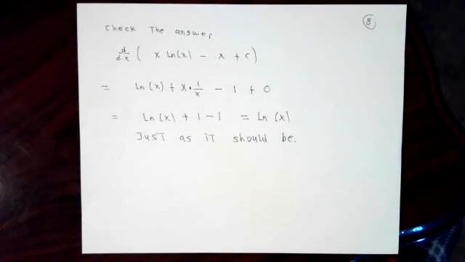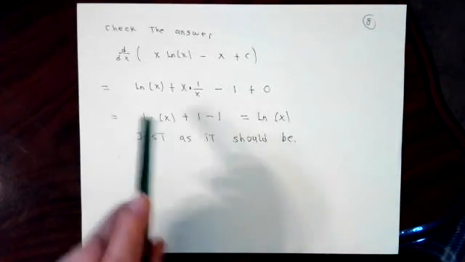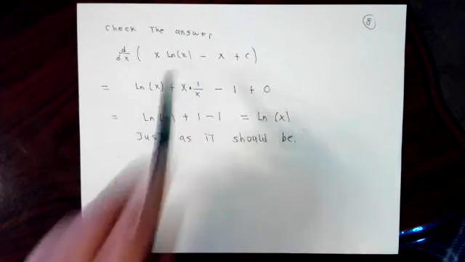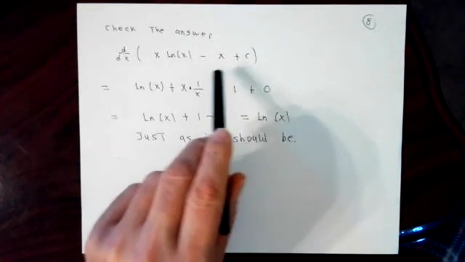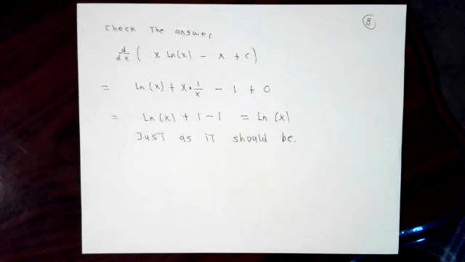As I said before, anytime you can, you should check your answer. So I'm going to take the derivative of my answer and see if it's what it's supposed to be. I have to use the product rule on x times natural log x. I'll have the derivative of x, which is 1, multiplied by natural log, plus x times the derivative of natural log x, which is 1 over x, minus the derivative of x, which is 1, and the derivative of a constant is 0.